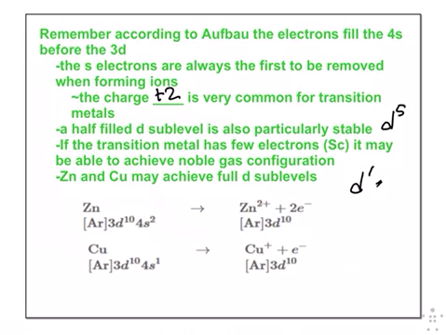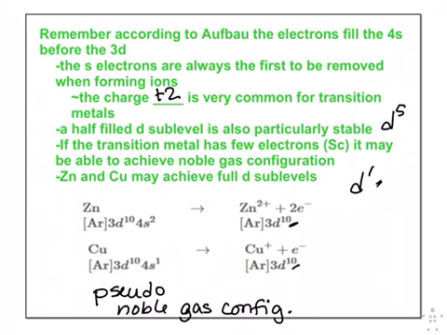And then zinc and copper may be able to achieve a full D sublevel and get a pseudo noble gas configuration, is what this is called. I'm not too concerned that you know that term. It's referred to as that because it gets that full D sublevel. It is a fairly stable configuration.